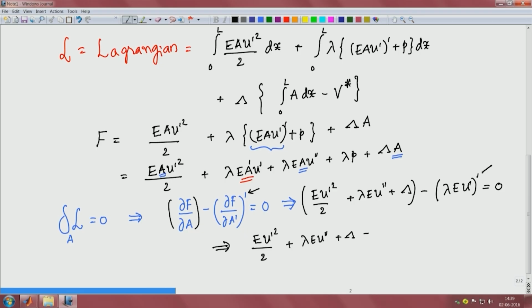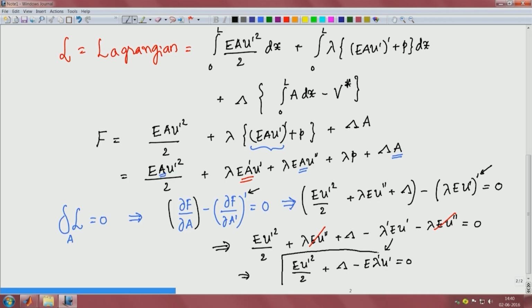Now, if we take this derivative, we will get two terms, lambda prime E u prime and lambda E u double prime, that is equal to 0. Now, we notice that this term and this term get cancelled, leaving E u prime square by 2 plus capital lambda minus E lambda prime u prime. Basically, I am writing that term in a different order, E lambda prime u prime equal to 0.